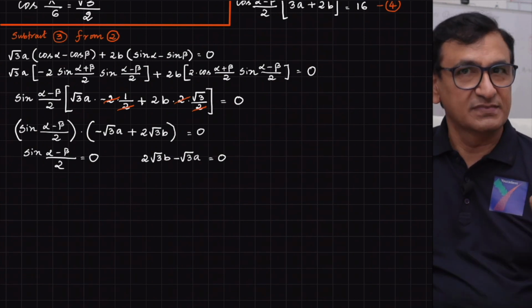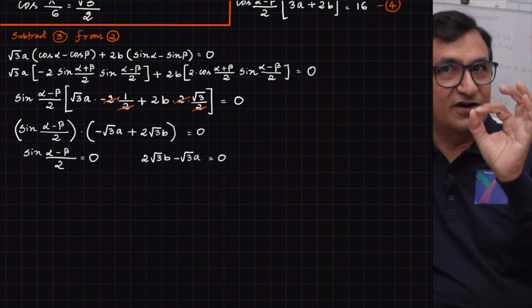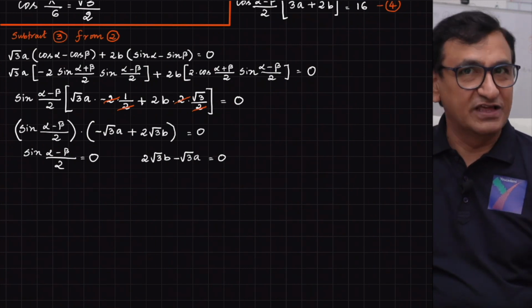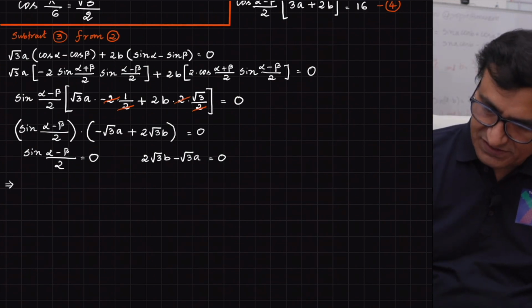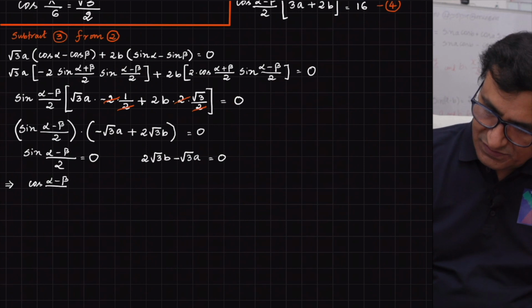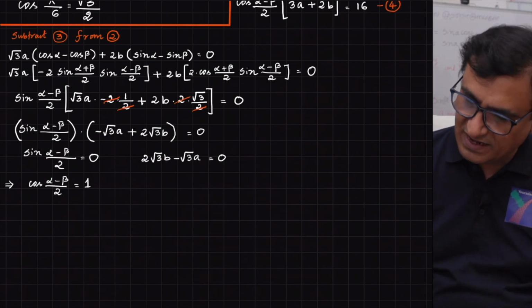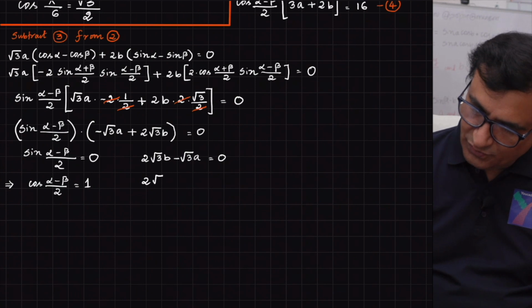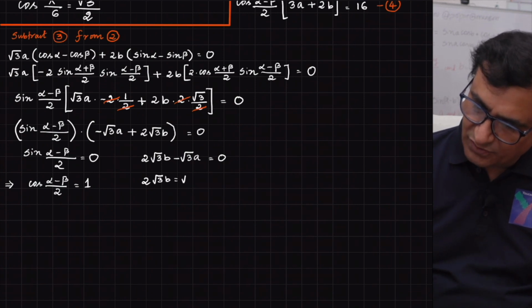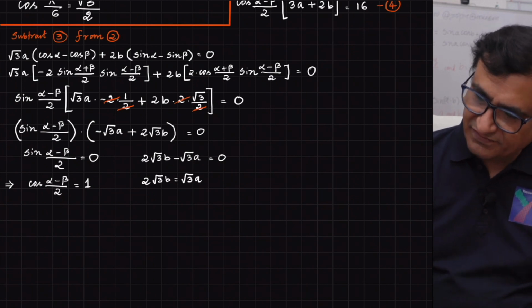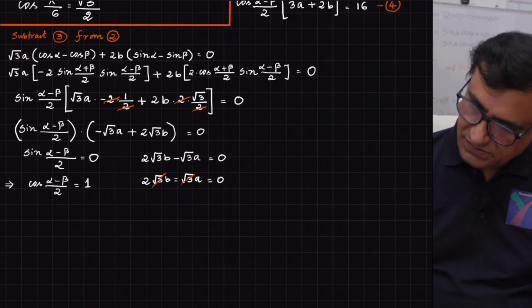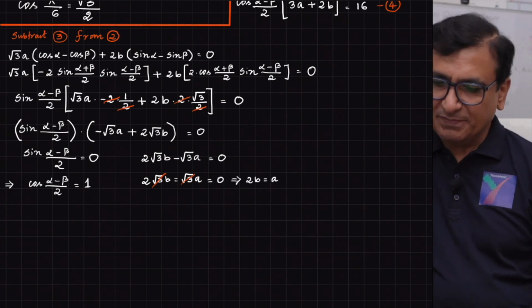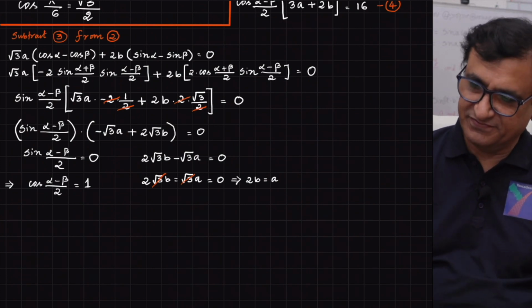So we are left with cos square((alpha minus beta)/2) equals 1. Therefore, cos((alpha minus beta)/2) equals 1, and 2 square root of 3b equals square root of 3a. We have square root of 3 getting cancelled. 2b equals a. Let me call this expression equation number 5.